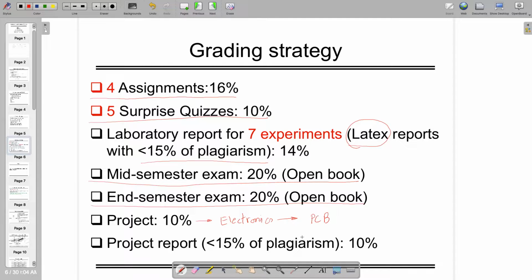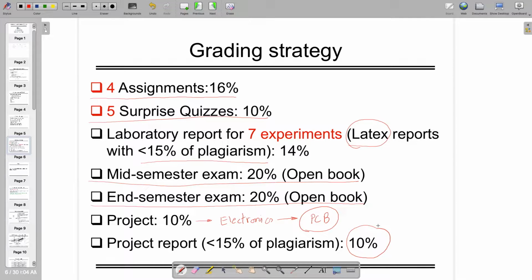Generally all professionals use PCB, they don't use breadboards. So let's learn it in this course. At the end you have to submit the project report. It has to be less than 15% plagiarized. It has a weightage of 10%.